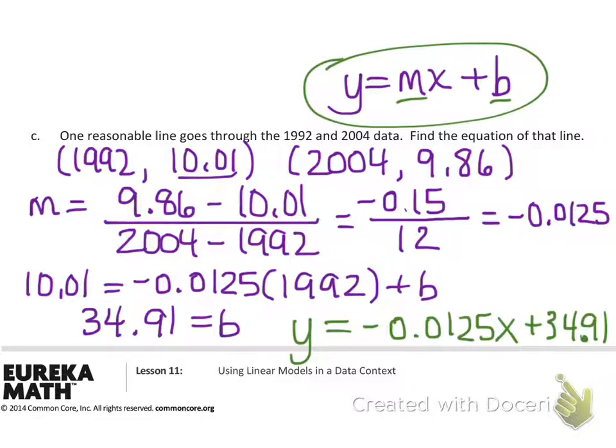Okay, so let's talk about this though. Does this y-intercept make sense in this case? So in the year 0, the mean time was 34.91.